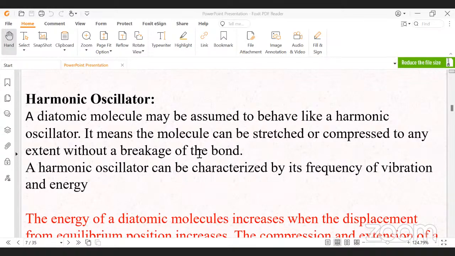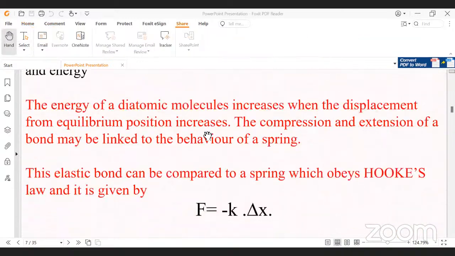Then what happens? The energy increases between chlorine and hydrogen, and the equilibrium distance of chlorine and hydrogen also increases.